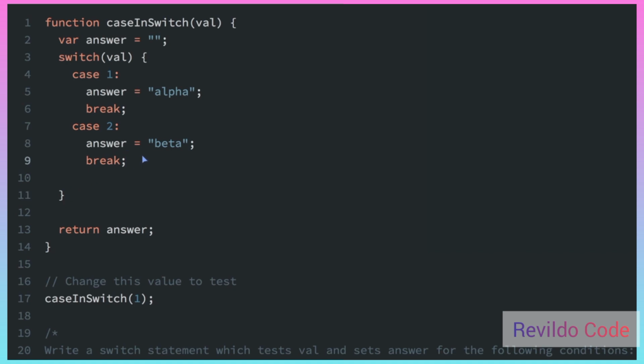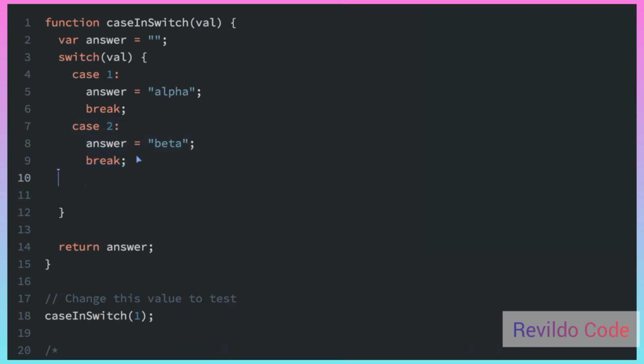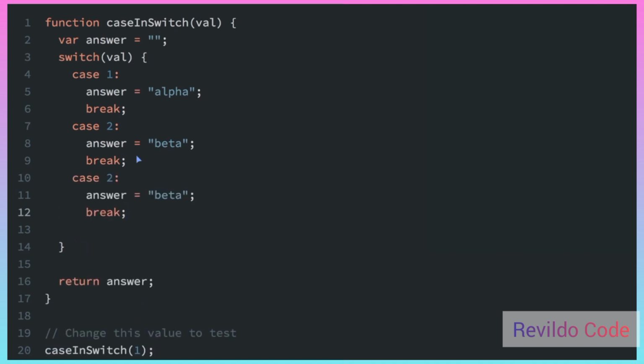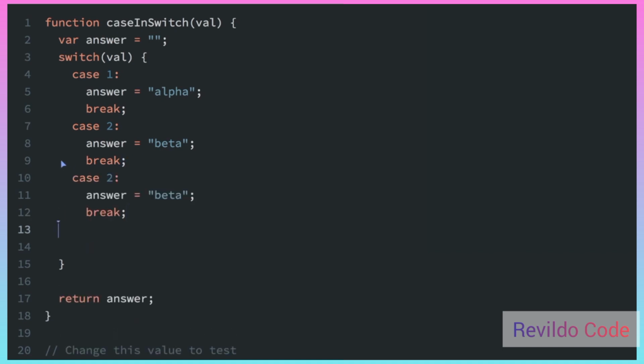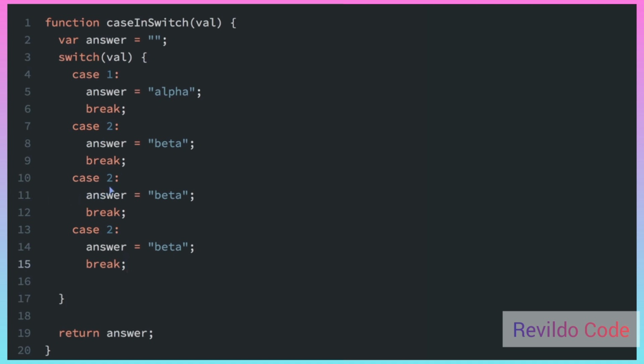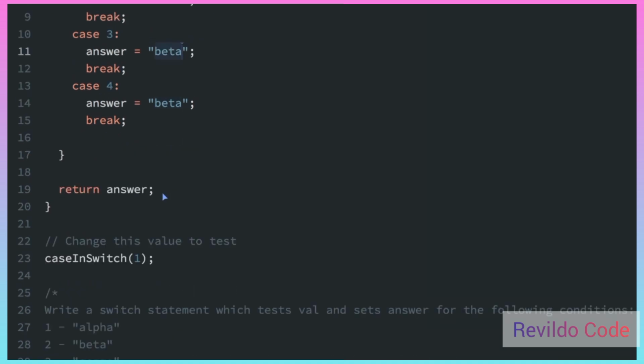So now we're going to do case 3. We'll just do some copying and pasting here. And we're going to have 4 cases, so I'll just do the rest of the pasting here. So we'll have 3 and 4, alpha, beta, and then we have gamma and delta.